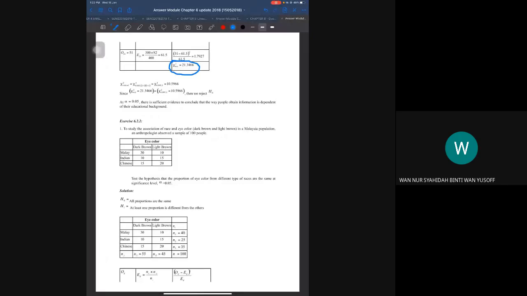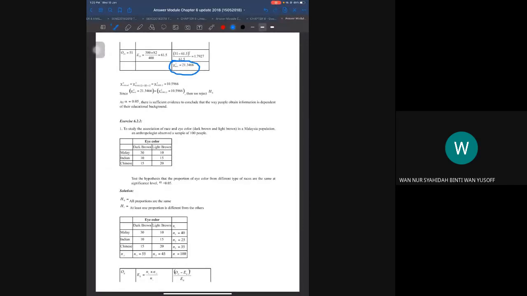The second column is your expected frequency. We already discussed just now how to get the E. Please use 4 decimal places. Do not round up the value. Do not round up to the discrete number. Just use it as it is. Even though it is a frequency, do not round up to the discrete number. Just use it as it is, 4 decimal places.